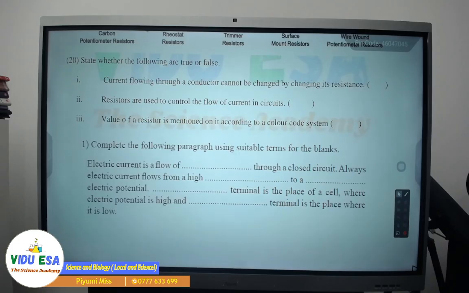Then Natari seems not to be here. Then Tanuki, your topic is electric potential difference and resistance. Okay, teacher.